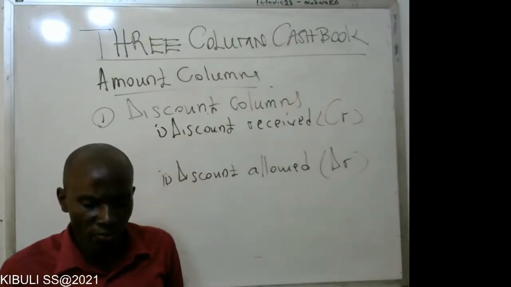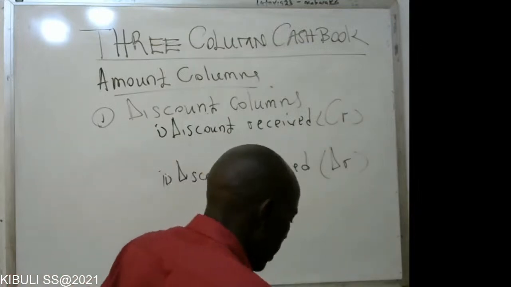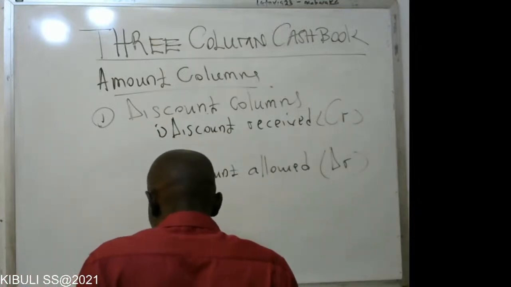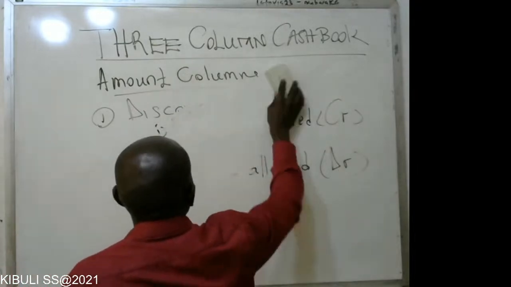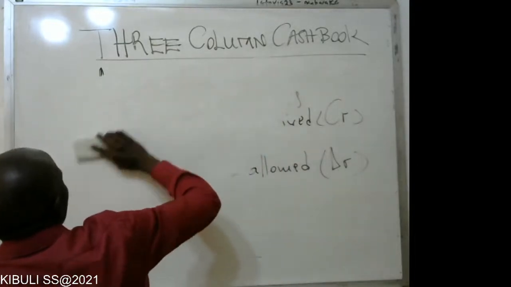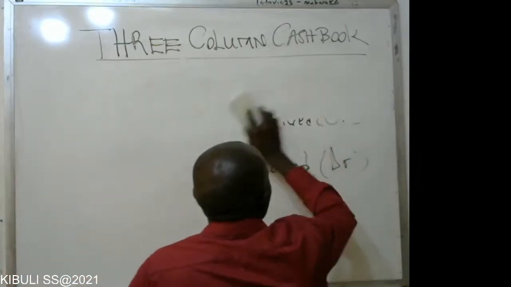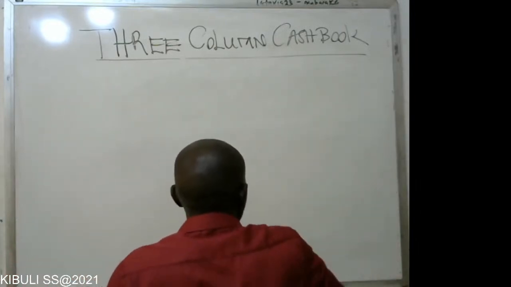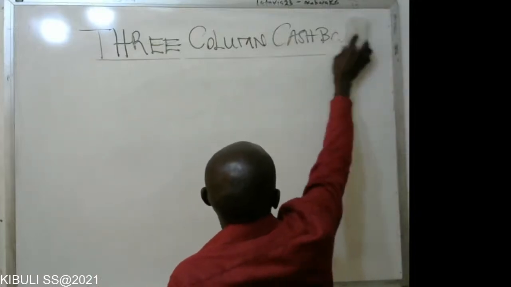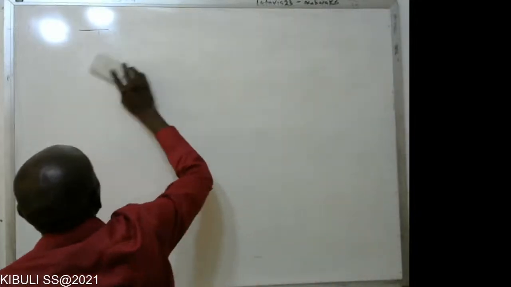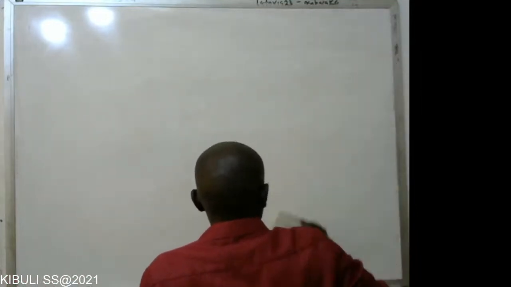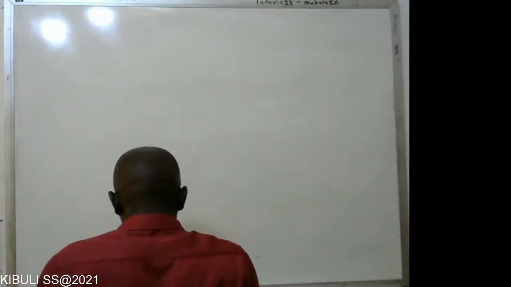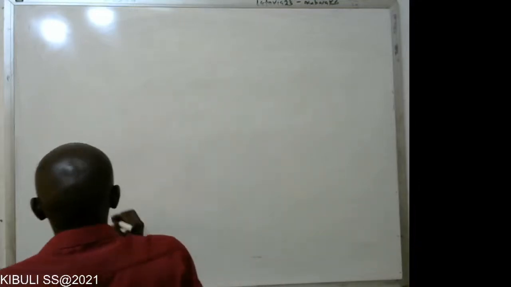So, in brief, what is the format of our 3-column cash book? Let me draw it here. But you can also generate the format because we are only adding the discount columns, and you know the side on which the discount received and discount allowed belong.